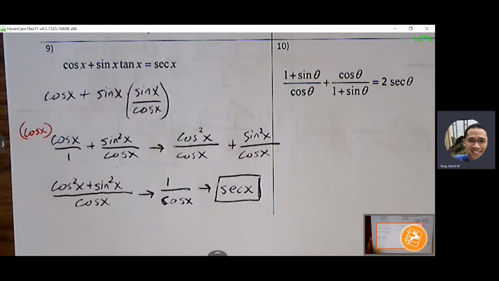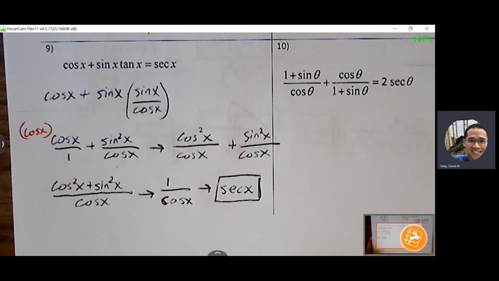Okay, last one, number 10. Any questions with 9? Okay, what are your thoughts about number 10? Common denominator, yeah. I see two fractions on the left.